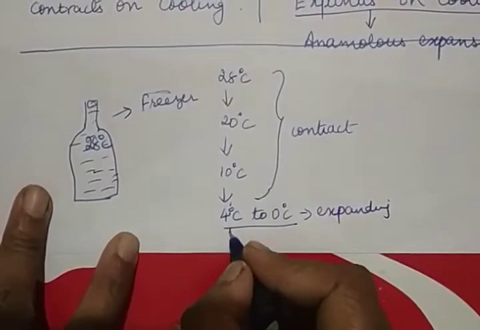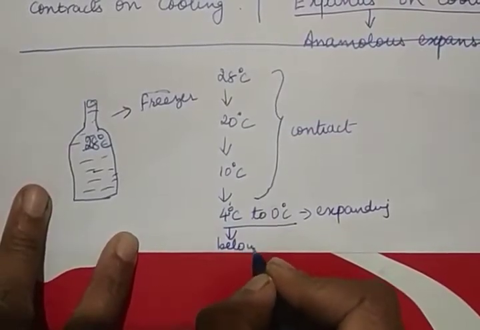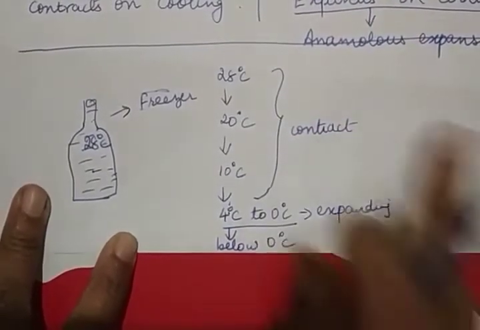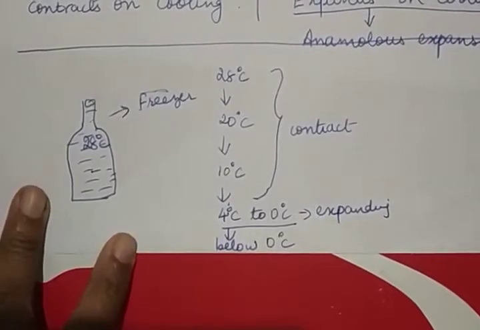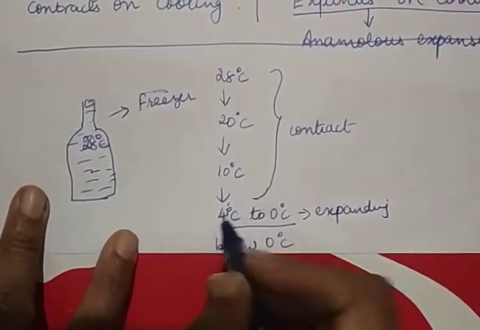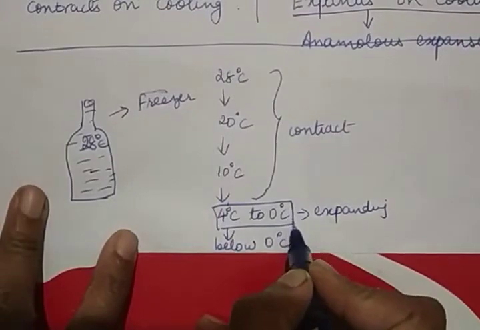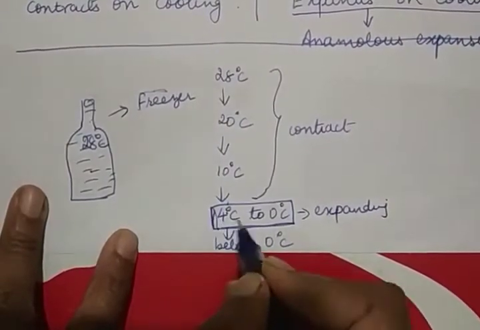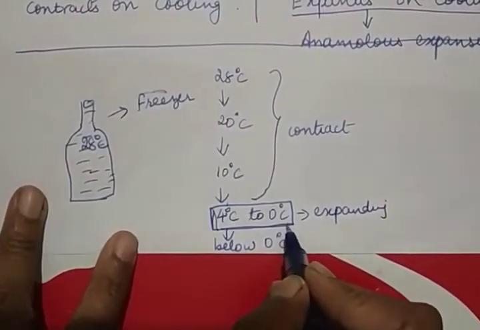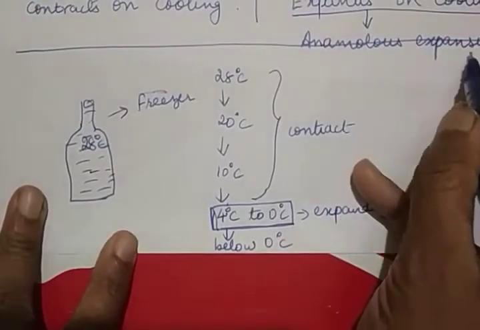Below 0, it will start behaving normally, that is contracts on cooling. So this behavior of water between 4 degrees Celsius to 0 degrees Celsius is called anomalous expansion of water.